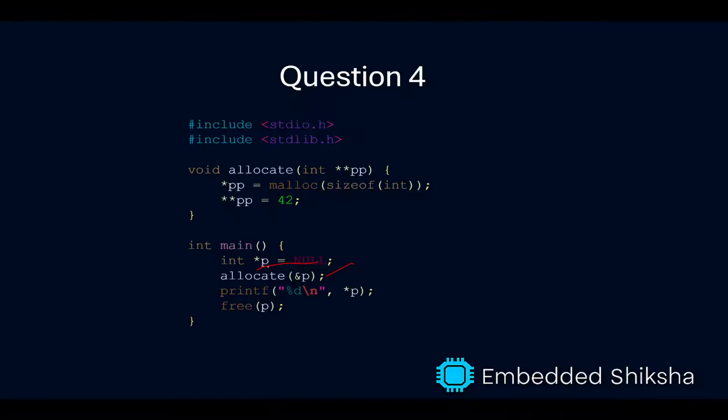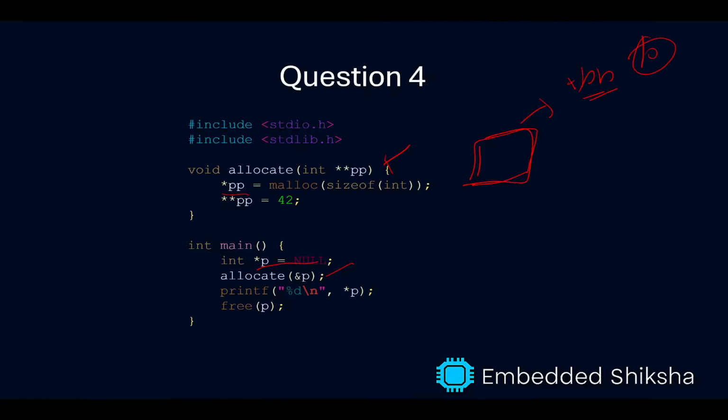Because you are passing the address of pointer p, it is being captured in the double pointer, and by dereferencing this double pointer you are allocating memory for an integer. So integer-size memory you have allocated here, and this memory is pointed to by star pp. So star pp is nothing but your p.